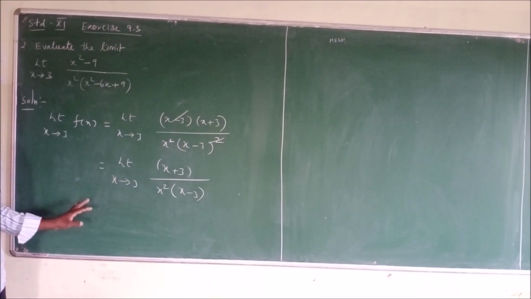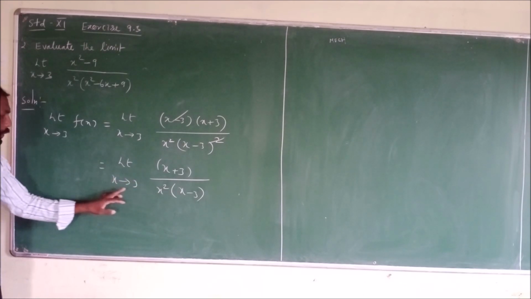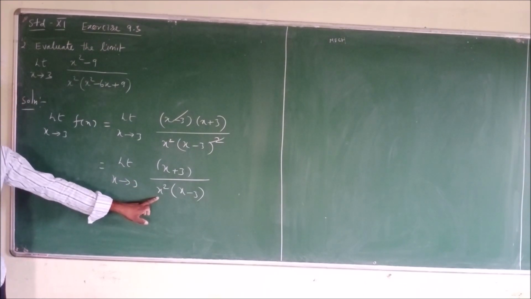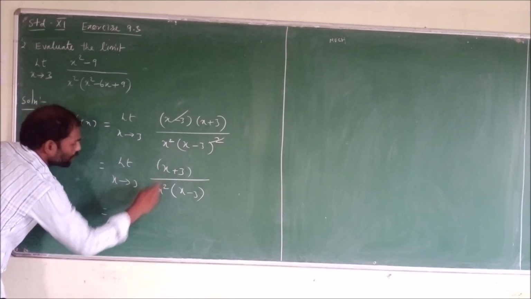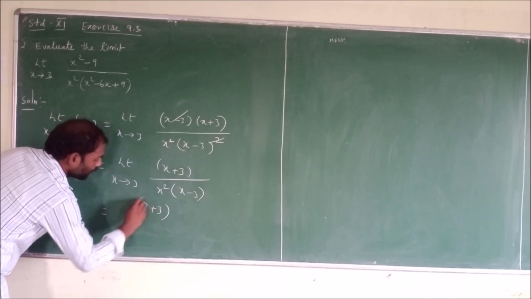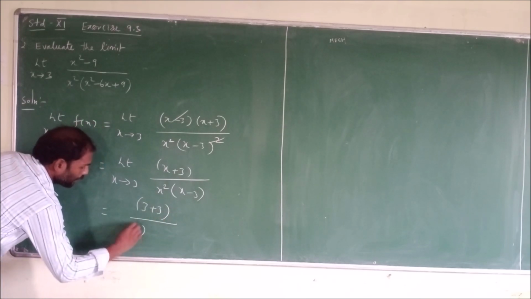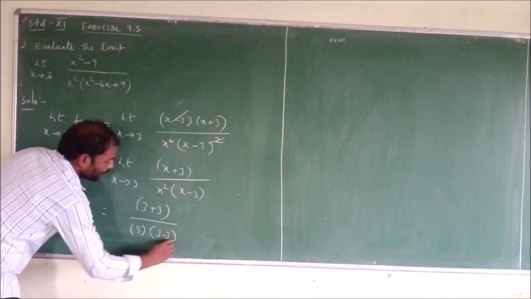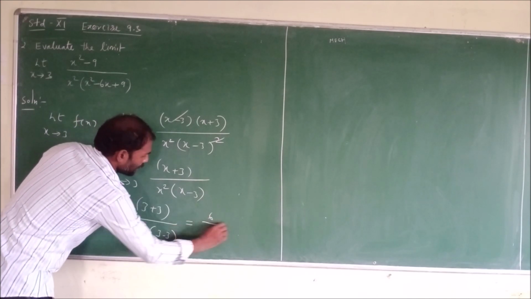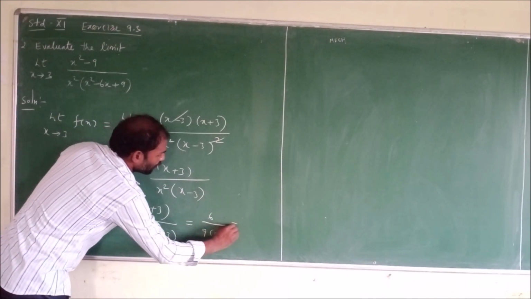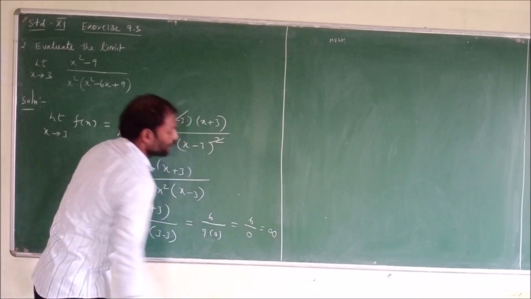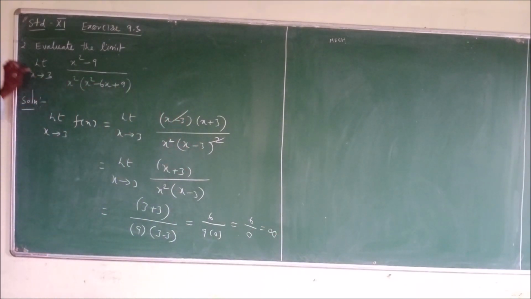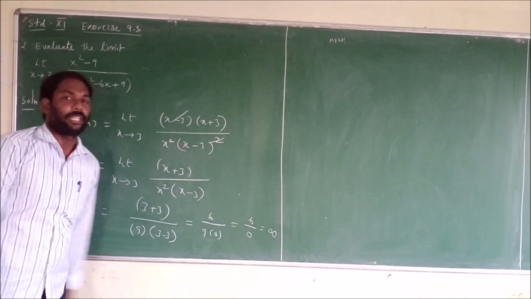Then we apply the limit as x goes to 3: 3 plus 3 divided by 3 square, 9, into 3 minus 3, which equals 6 by 9 into 0, which equals 6 by 0. Anything divided by 0 is infinity. Therefore, the required limit as x tends to 3 is infinity.